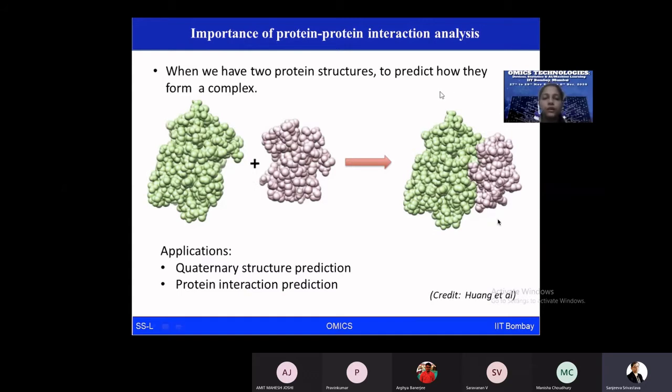For example, consider this protein A and this protein B. You can see the shape complementarity of protein A and of protein B, and how they form a complex. The applications of protein-protein interactions include quaternary structure prediction.